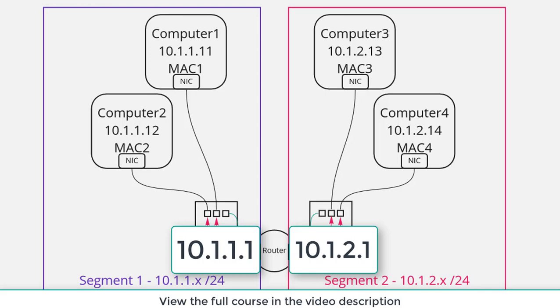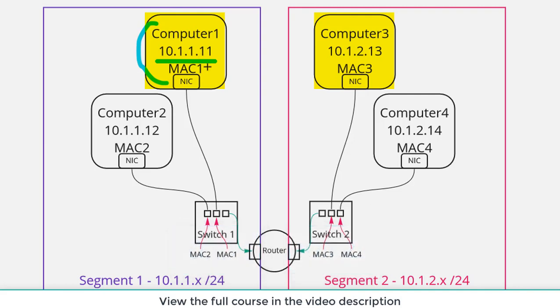Now, if computer 1 needs to communicate with computer 3, it's going to send some traffic to the 10.1.2.13 address. And the operating system of this computer is going to recognize, hey, 10.1.2.anything, that's on a different network. That's not on my local segment.